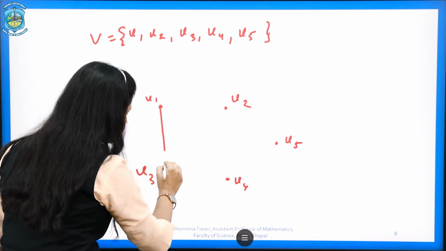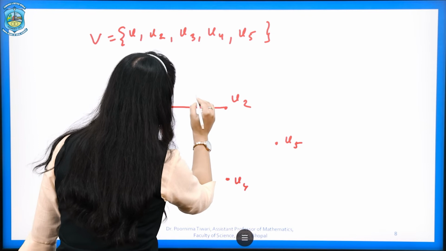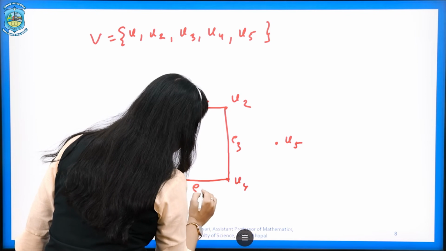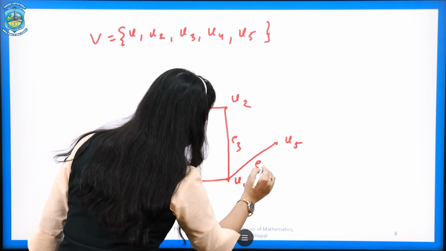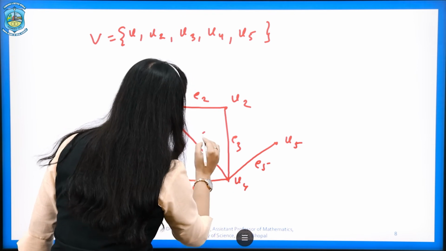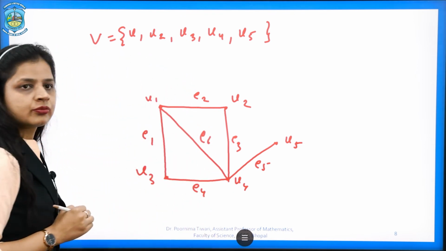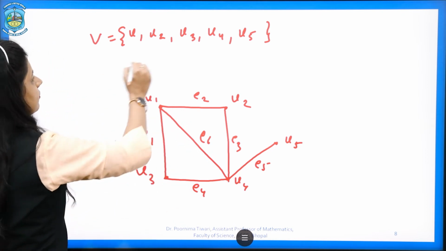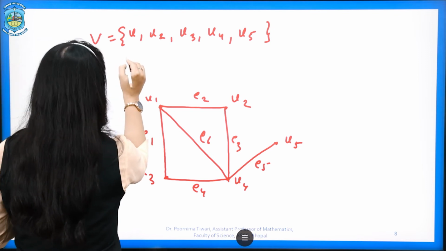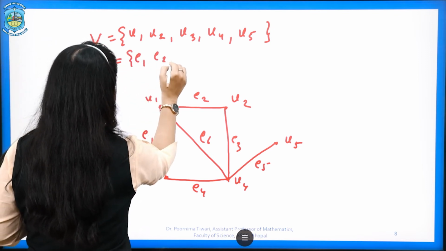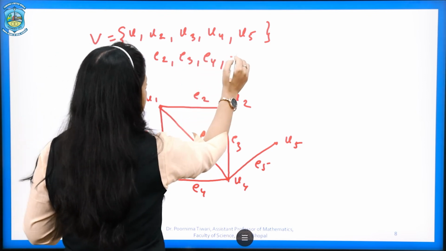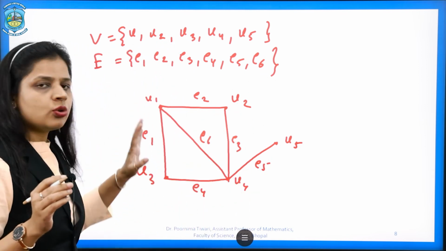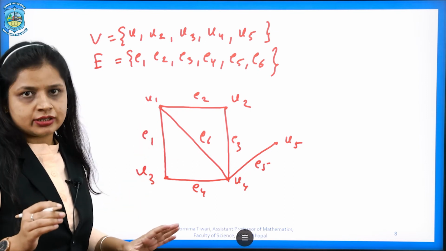Now, we have edges say E1, E2, E3, E4, E5 and E6. Now, when we have this graph, it is a simple graph which has 5 vertices and 6 edges E1, E2, E3, E4, E5, E6, as this graph has no self-loop and no pair of parallel edges.